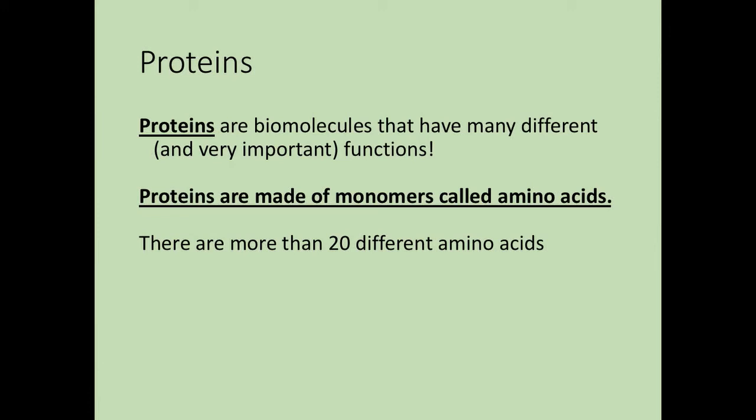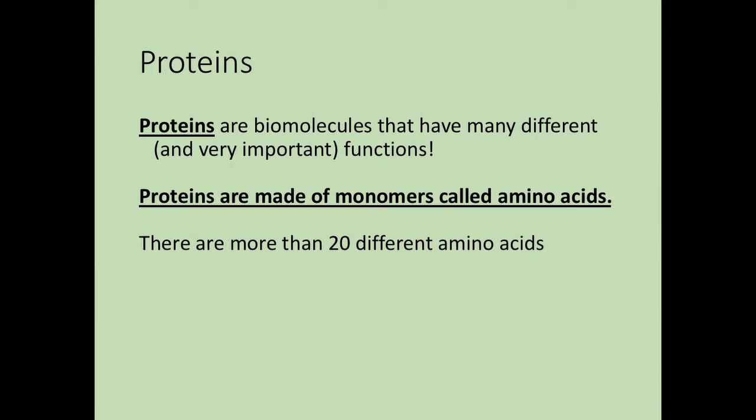Your immune system has proteins in it that help to recognize when not so great things are in your body and need to be killed. You have proteins that break down your food and other proteins that put together the molecules into new things. There's more that I can't even think of this morning. So proteins have a lot of jobs.